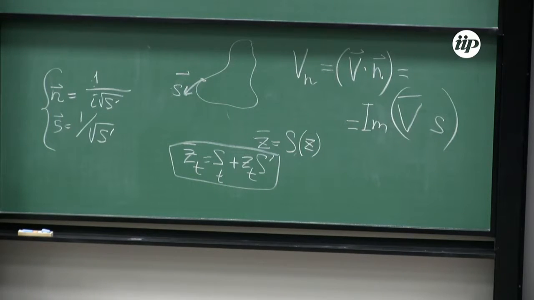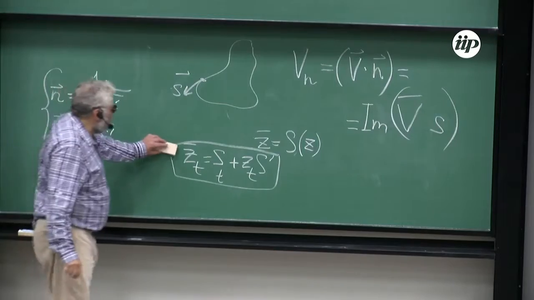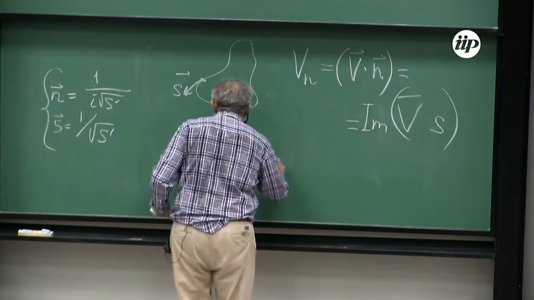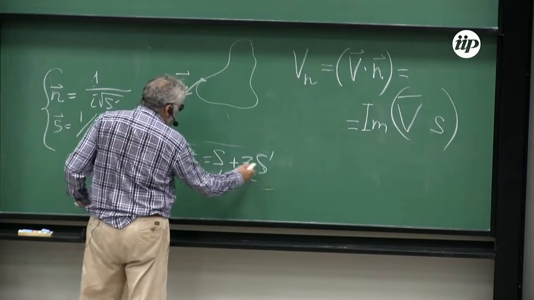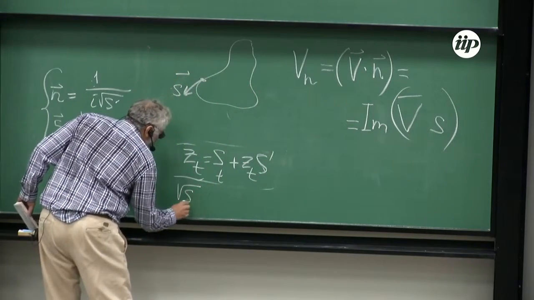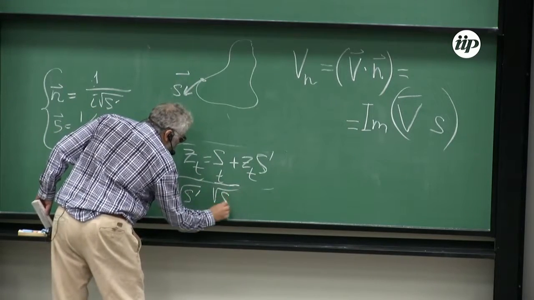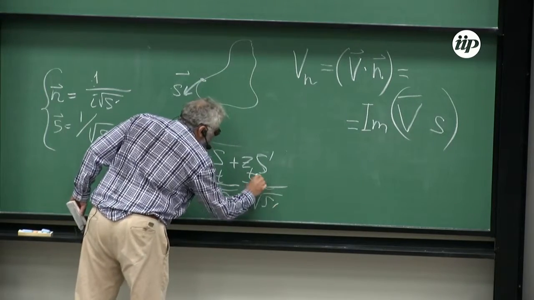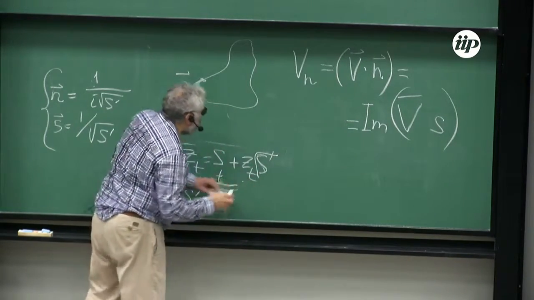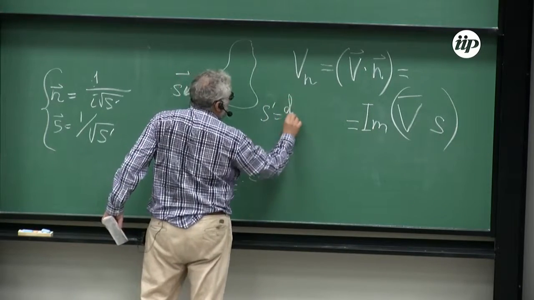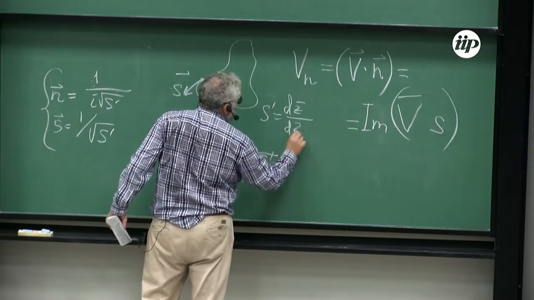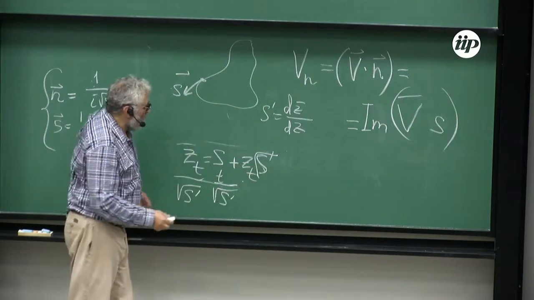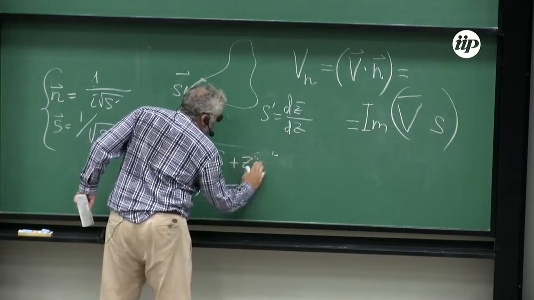Its full derivative. Now I would like to divide this equation over the square root of S prime. Now, because S prime is dz bar over dz, it's clear that this guy is the inverse conjugate.